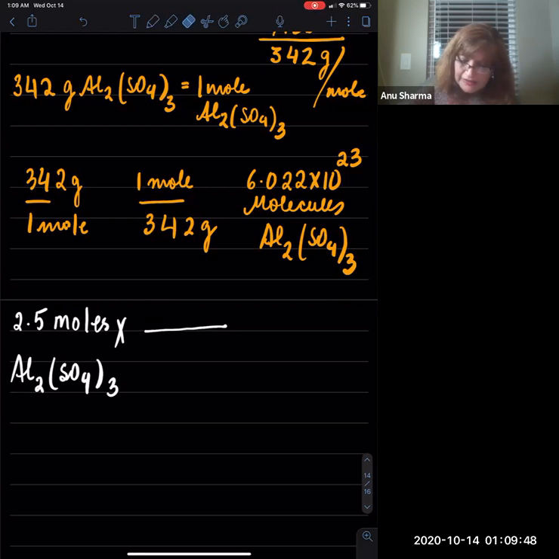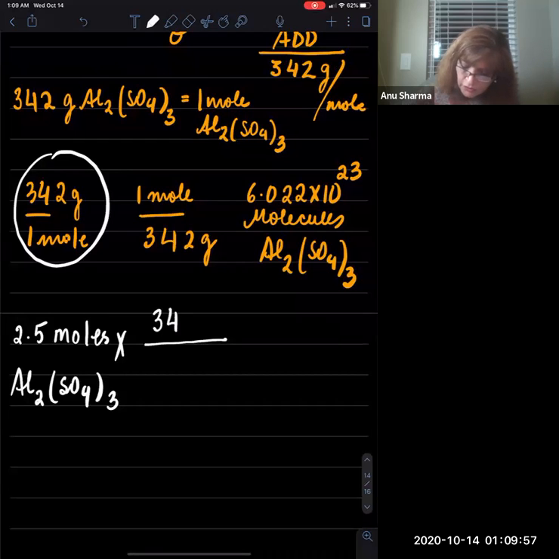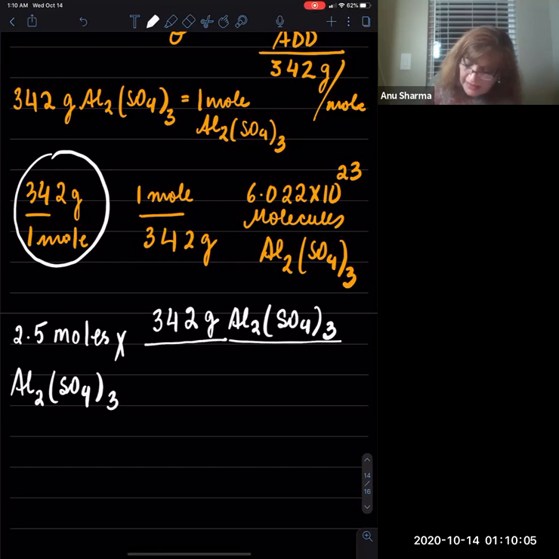So out of these, since the gram is on the top, we are going to be using this conversion factor, okay? Because we need to find the grams. So that's the unit we want. So 342 grams of Al2SO4 whole thrice, and that gives you 1 mole of Al2SO4 whole thrice.